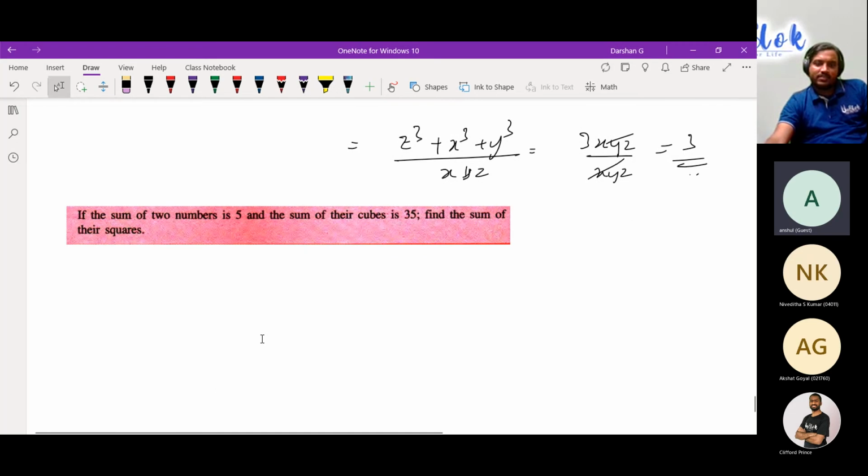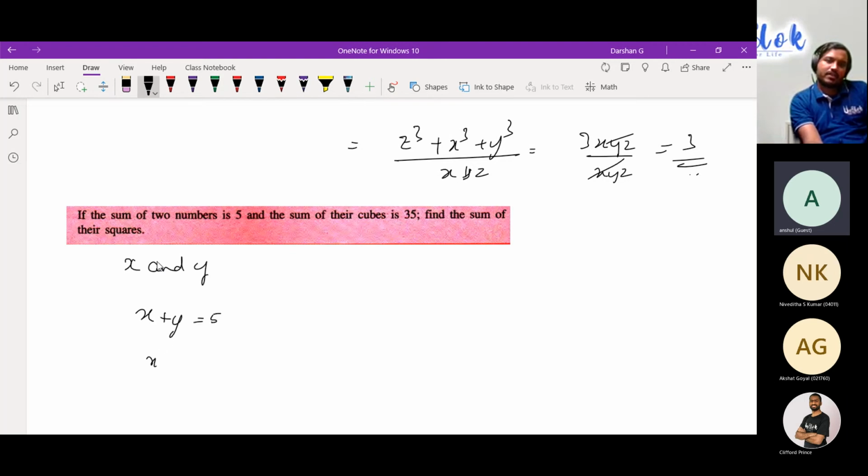If the sum of two numbers is 5 and the sum of their cubes is 35, find the sum of their squares. What are the numbers? The numbers we are taking are x and y, and the sum x plus y is 5, x cube plus y cube is 35. Find x square plus y square.